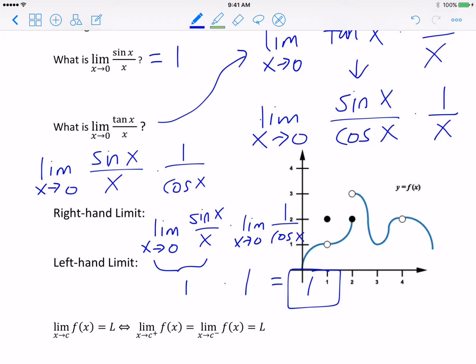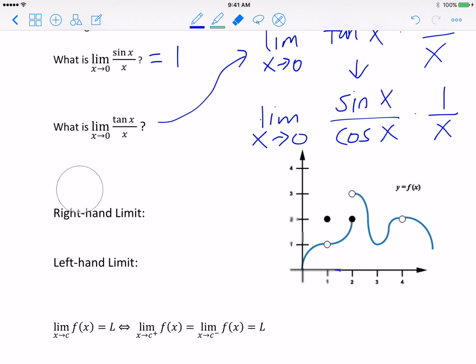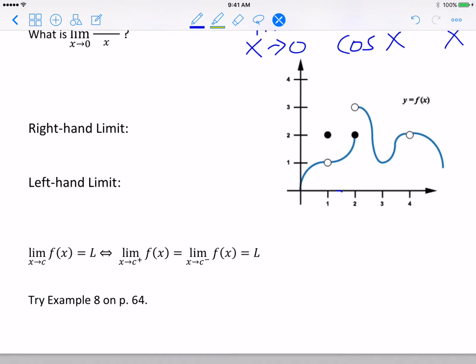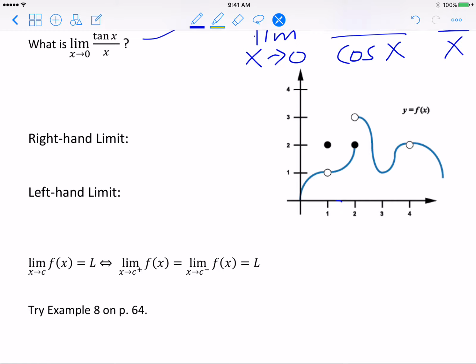Now let me erase what I have here. Let's take a look at the next example using a graph. I informally talked about this earlier, when I was introducing the idea of the limit. You have something called the right-hand limit and the left-hand limit.